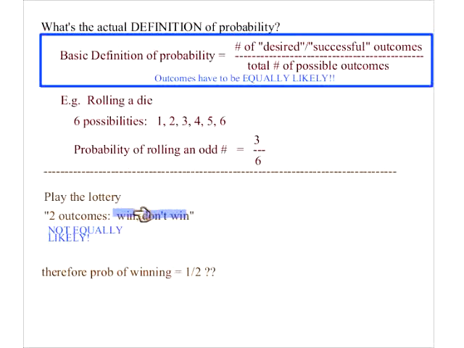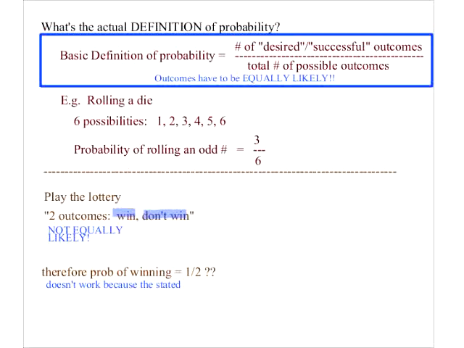There's usually only one way to win. You have to pick all 6 balls correctly, but there are lots of ways to not win the lottery. So there are a lot more possible outcomes than just 2. This analysis doesn't work because the stated outcomes are not equally likely.